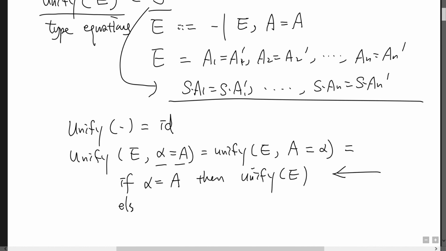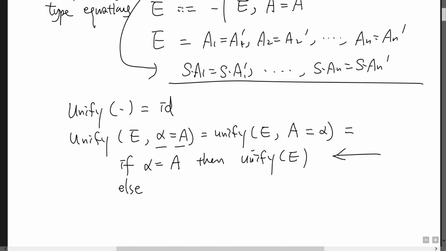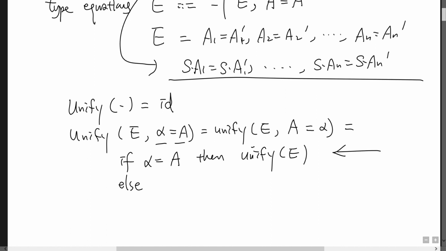Next, we test if this A is strictly larger than alpha. For instance, when we try to unify alpha against integer arrow alpha, there's no way to unify the left side and the right side. So in this case, this unification algorithm should fail.